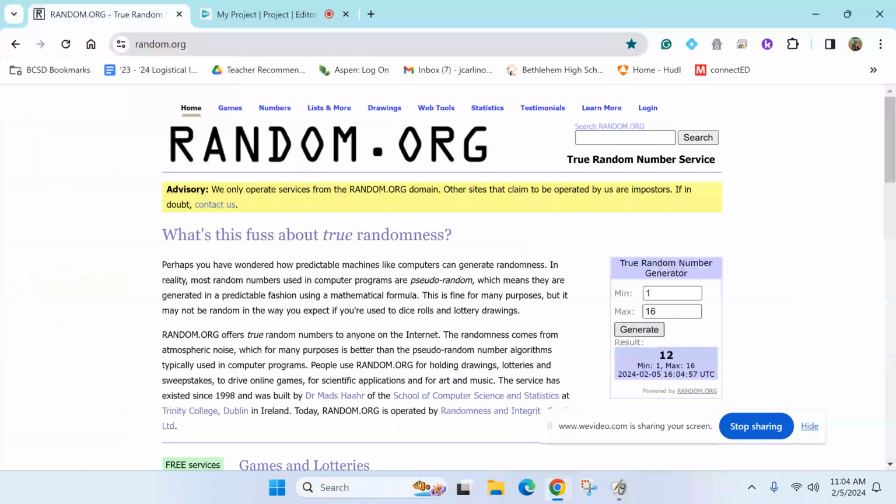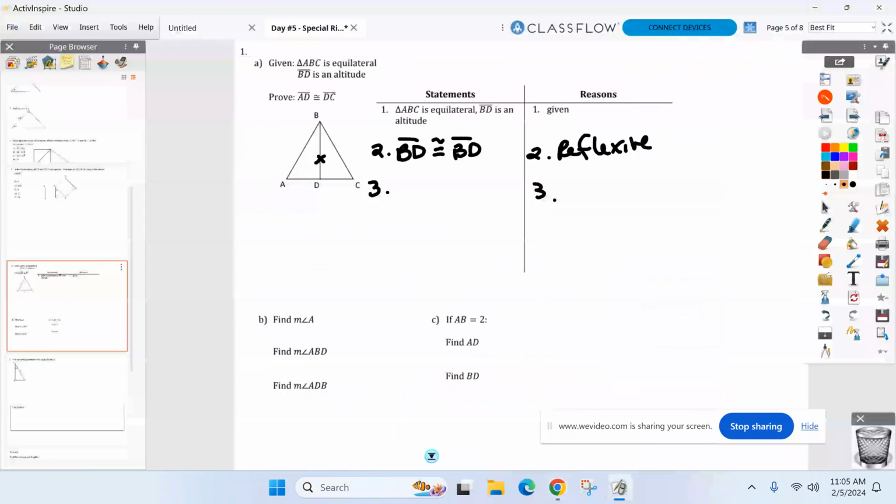All right, let's go, Olivia. Anything else true? Yep, angle BDA and BDC, they're right angles. Why, Olivia? Because I don't want perpendicular lines here.